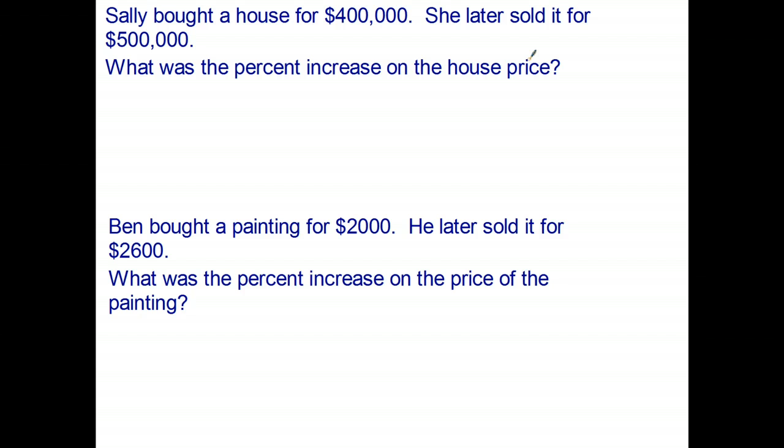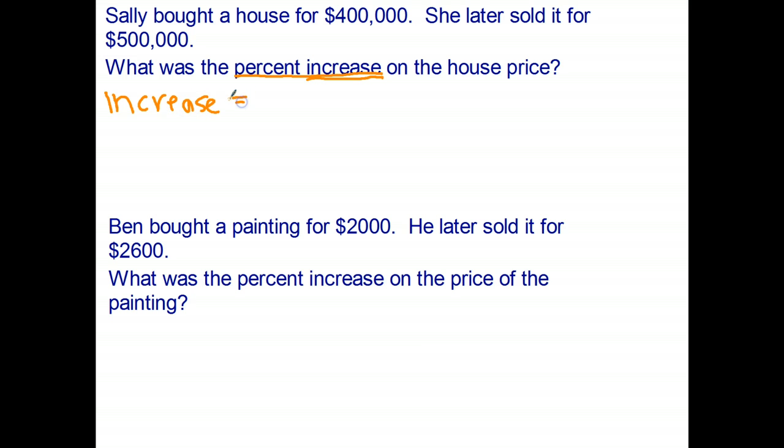So a lot of students, most students will realize that this is the original amount or the whole amount, but they want to use this for the part because that's the other number in the question. But if you read the question carefully, what we're looking for is the percent increase. So we have to actually do an extra step in questions like this, which is to first find the increase.